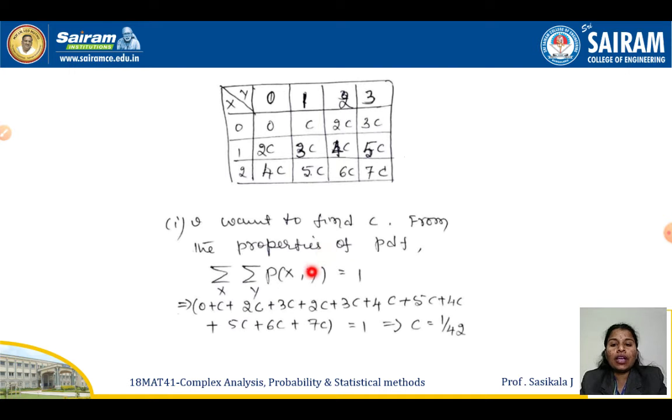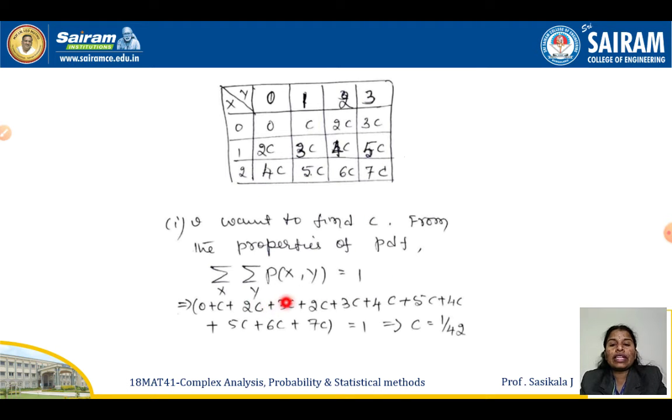Now you can go to the first condition. I need to find my c value. How can we find it? You are supposed to add up the cell values. Two conditions are there. One is that p of x comma y should be greater than or equal to 0, so whatever the value of c, it is supposed to be positive. The second condition is that the sum of all the probabilities, all the cell values, should be equal to 1.